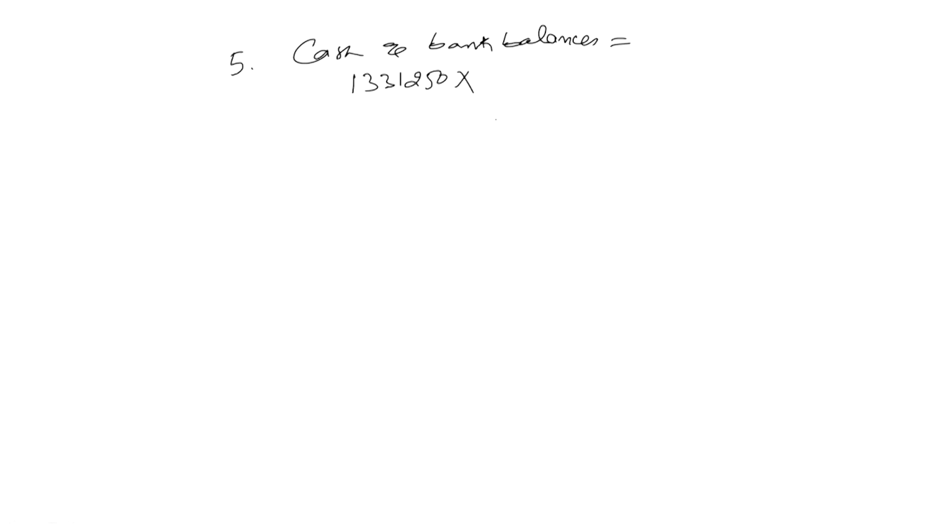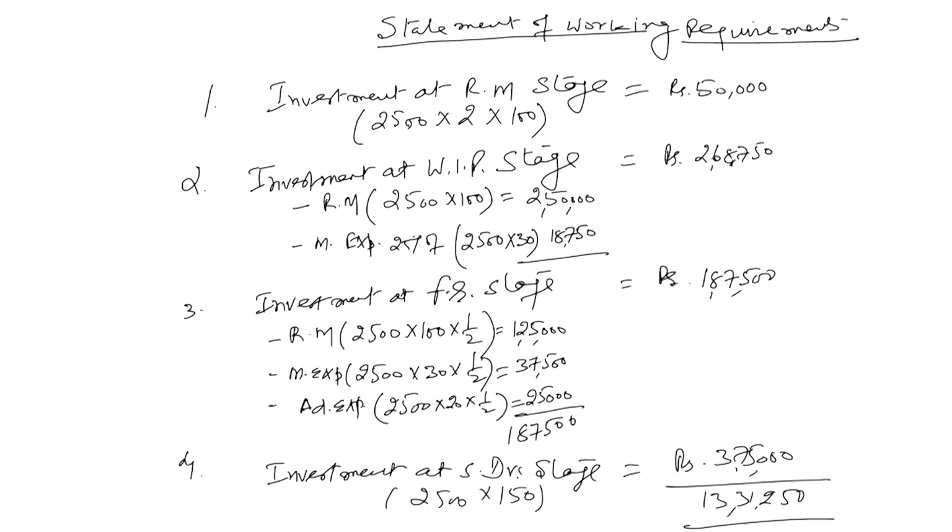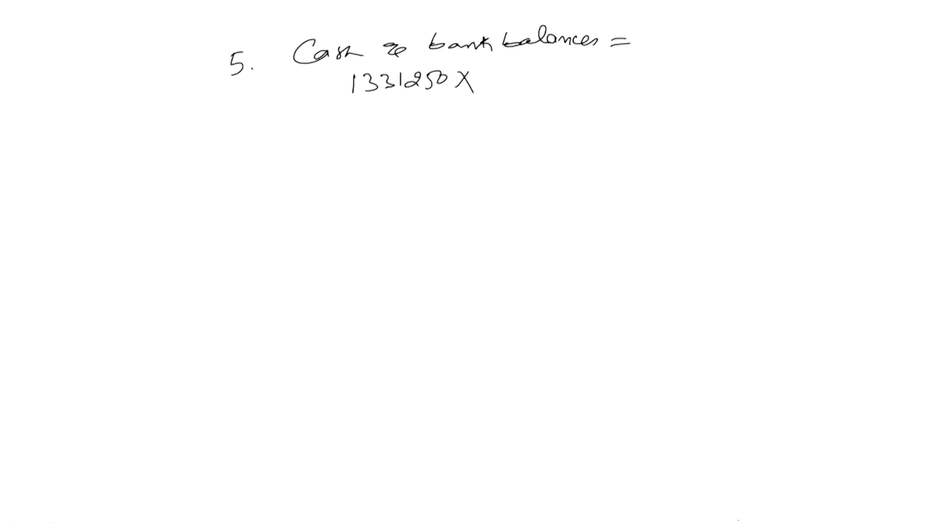So, we have calculated the investment at the 4 stages. The fifth stage is keeping the cash and bank balances. So, that will be gross. Without cash it is only 95%. Up to this stage we have calculated only 95%. So, for making it 100% we have to add the cash and bank balances, and for adding the cash and bank balances here, how much will it be? 13,31,250, and we will take it as 5%.